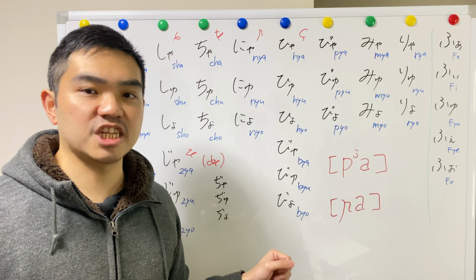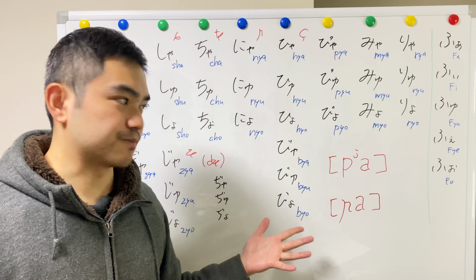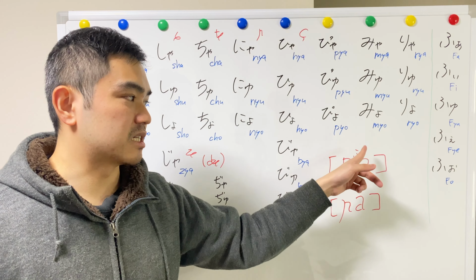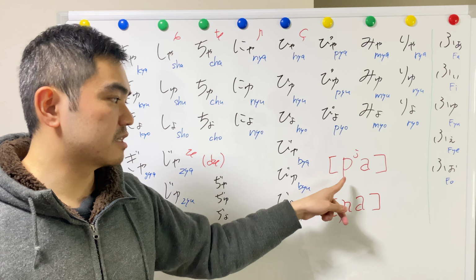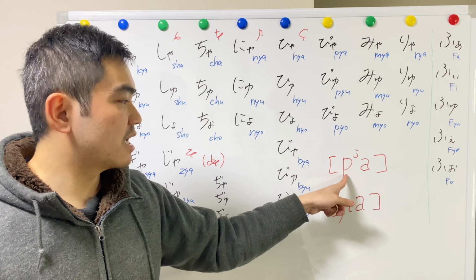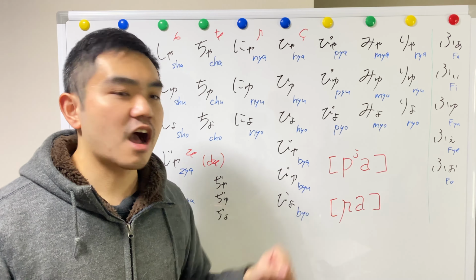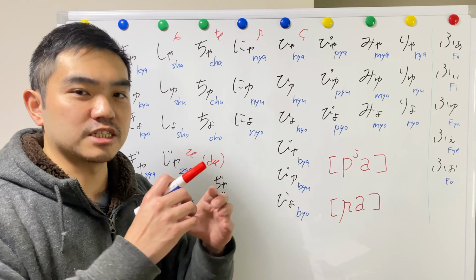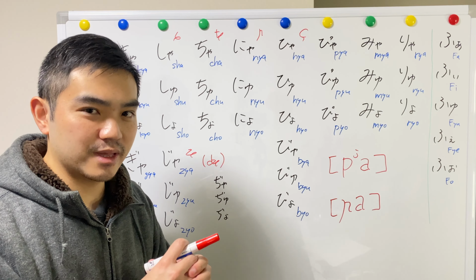This small j means palatalization, so some sort of y sound. So if you mix p, y, a sound into one rhythm, how do you read this?